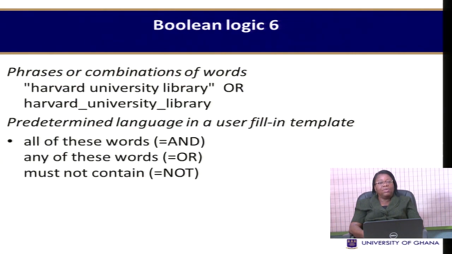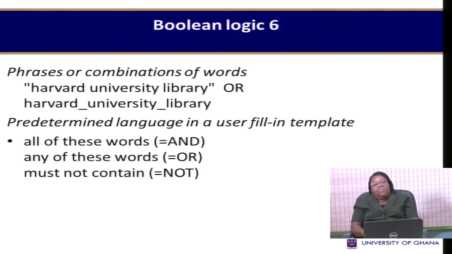If you're talking of Harvard University Library, and you're not referring to just Harvard or just the university or just the library, you have to put it in quotation marks. If you don't use quotation marks, you can also use the underscore, which makes it one single word.